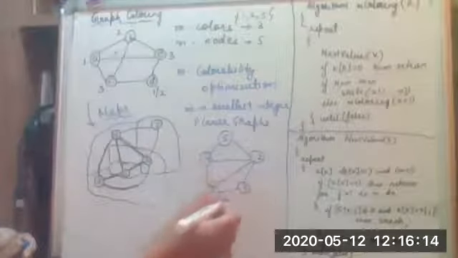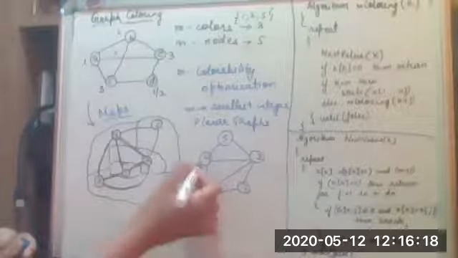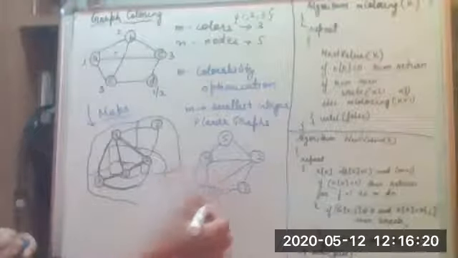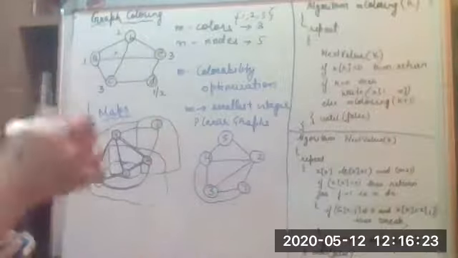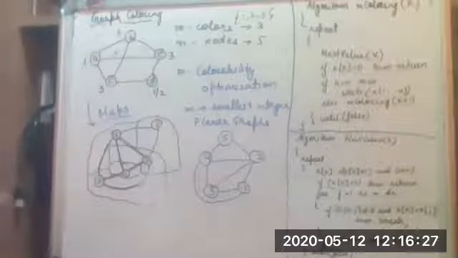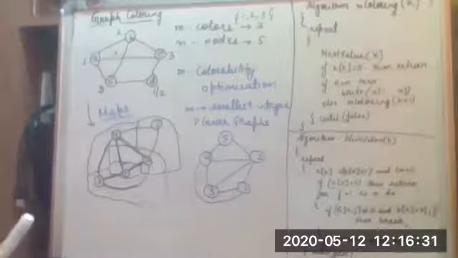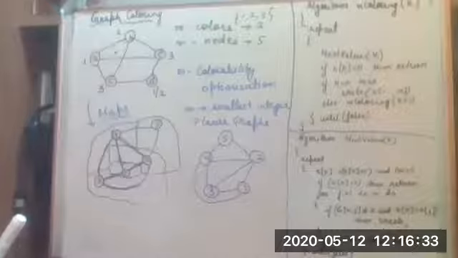And in that we have one more edge where 1 and 4 are also connected. Yes, so this is the graph where we do not have the edges crossing each other. I hope till this point it is clear.